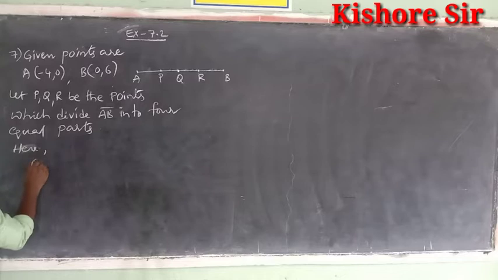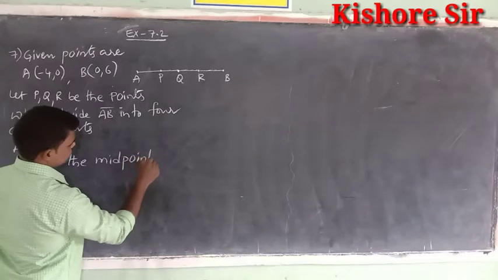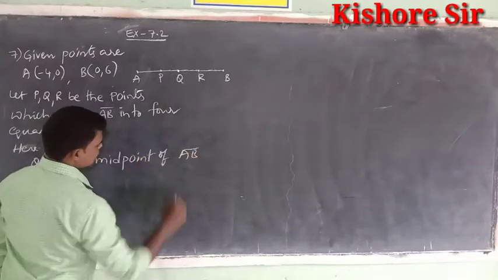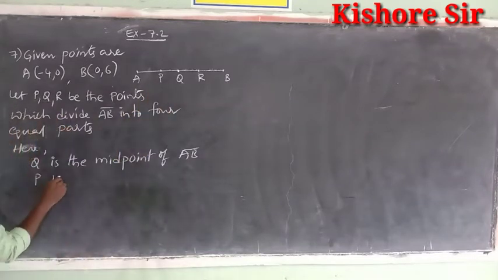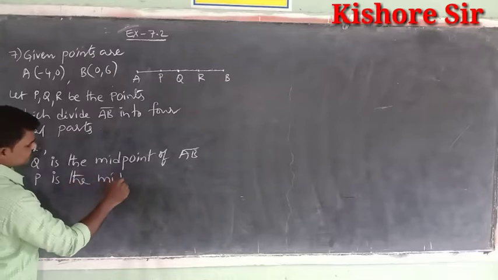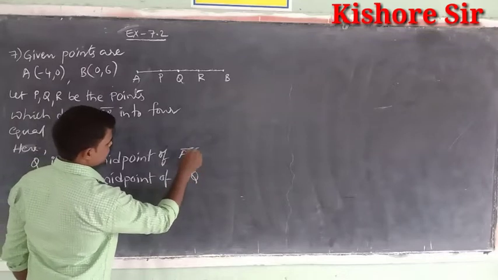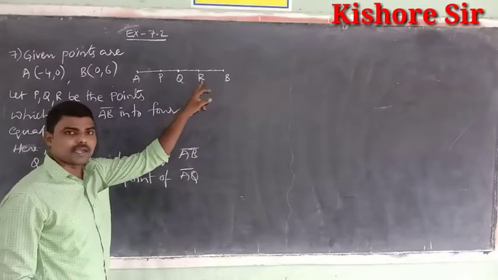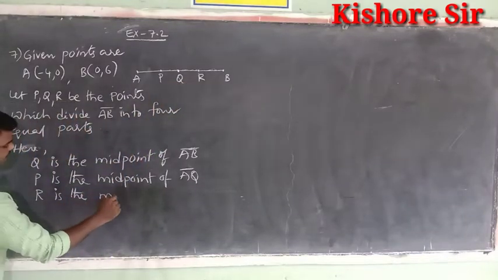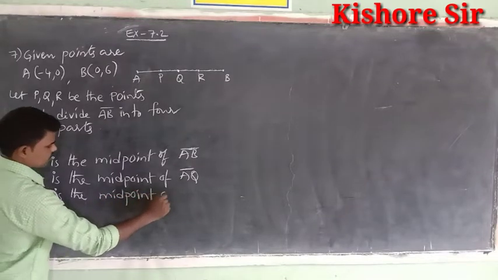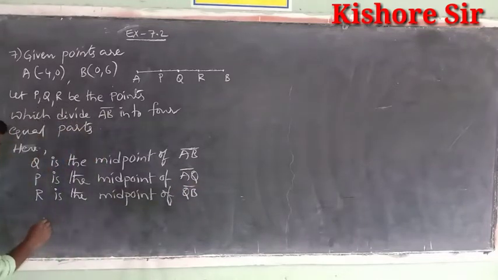Next, P is the midpoint of AQ. Similarly, R is the midpoint of QB. So the midpoint formula is right here.